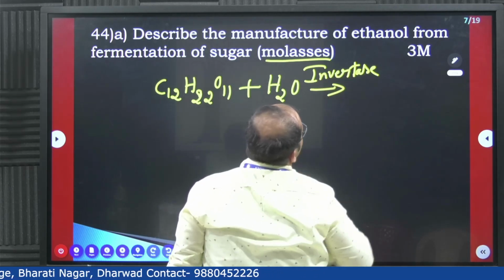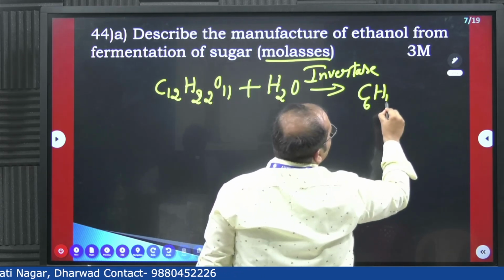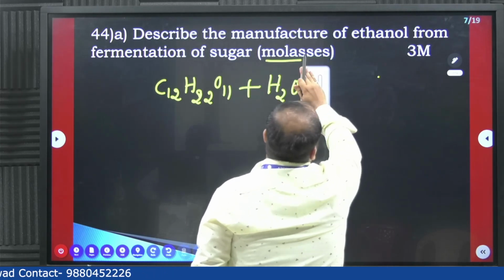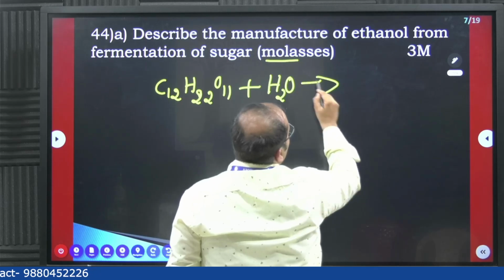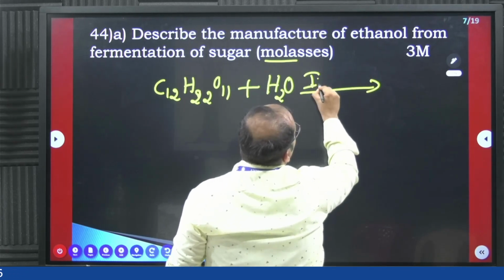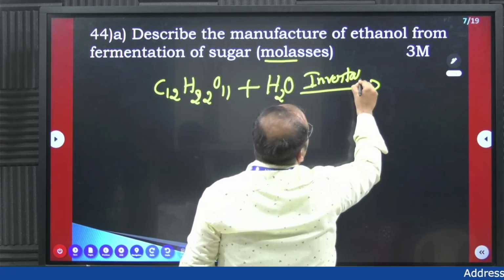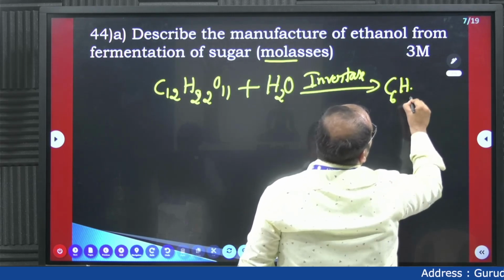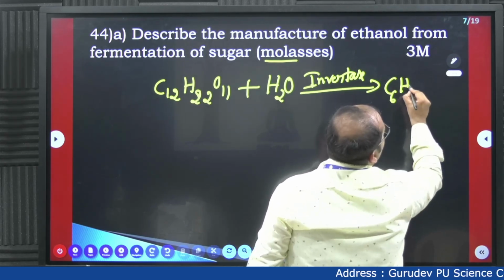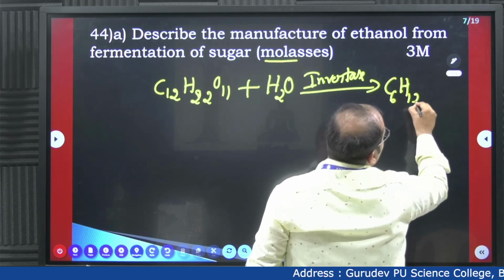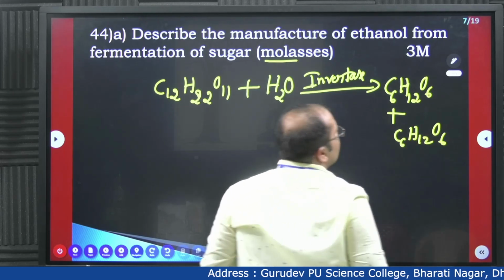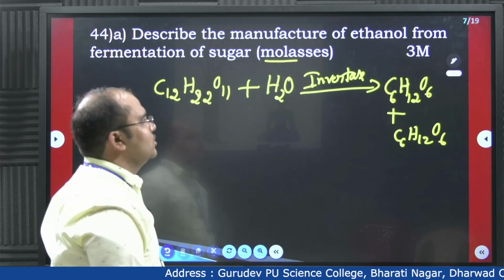It splits into C6H12O6 plus C6H12O6, that is glucose as well as fructose.